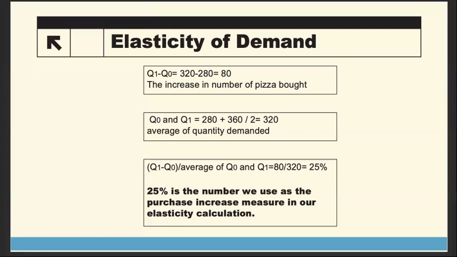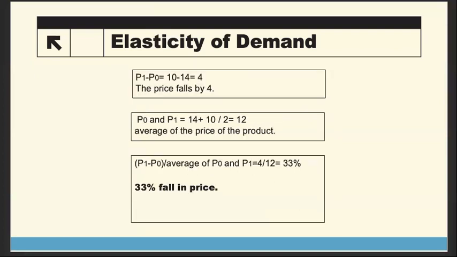So as you can see here in our example, on the elasticity of demand in terms of price, the change in price is expressed as a percentage of the average of the before and after prices. So it represents the elasticity at the price halfway between those two prices.